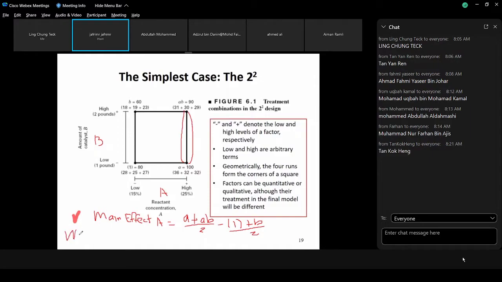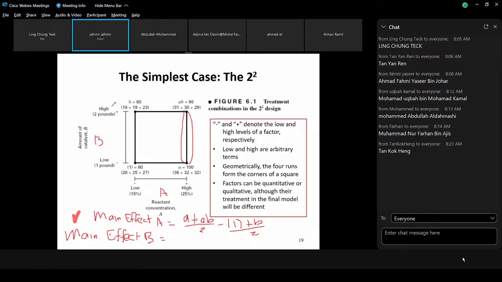Okay. Similarly, for main effects of B. Here, this is B low, and this is B high. So the main effect of B is B at high level, that means B here, B at high level.